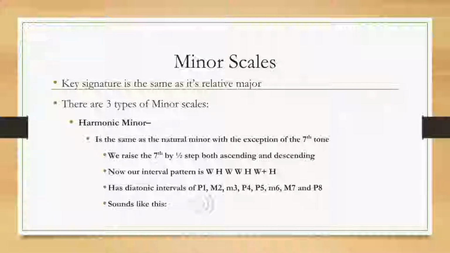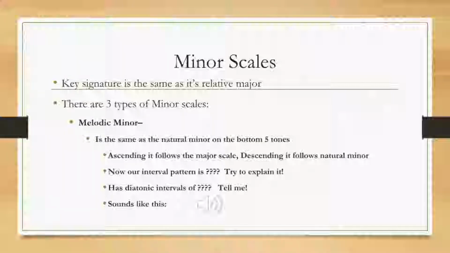All right, and finally, we have the melodic minor scales. It's the same as the natural minor. The natural minor was the first thing that we learned today. All right, same as the natural minor on the bottom 5 tones. That tonic, supertonic, mediant, subdominant, and dominant. Those are all the same as in a natural minor scale.